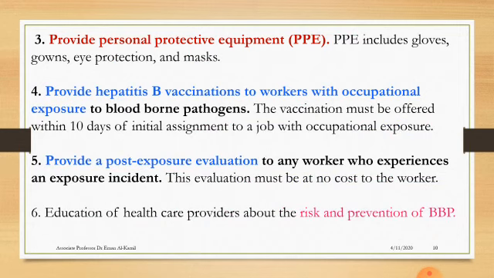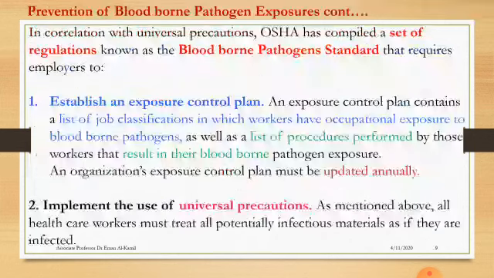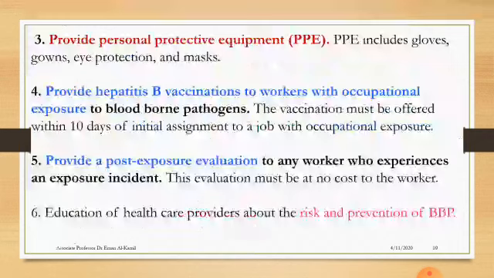Provide hepatitis B vaccination to workers who have exposure risk to bloodborne pathogens. Every individual, before they start their practice in the medical field, should be sure about their immune status regarding hepatitis vaccination, because it is important to have the hepatitis B vaccine if you are not protected.